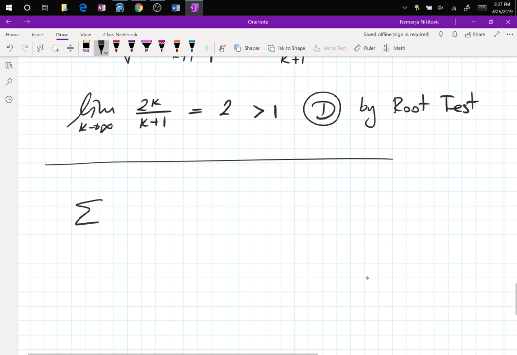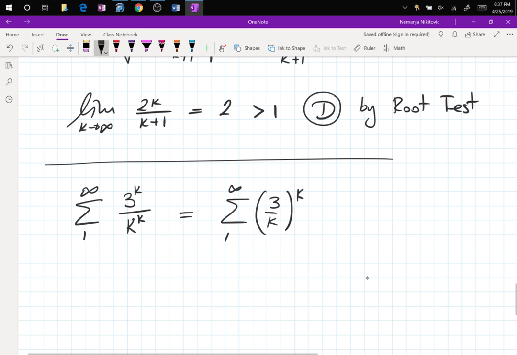I'm modifying this problem as 3 to the k divided by k to the k from 1 to infinity. Step number 1 is to do what? 3 over k. Yes, so combine it into 3 over k, everything raised to the k.